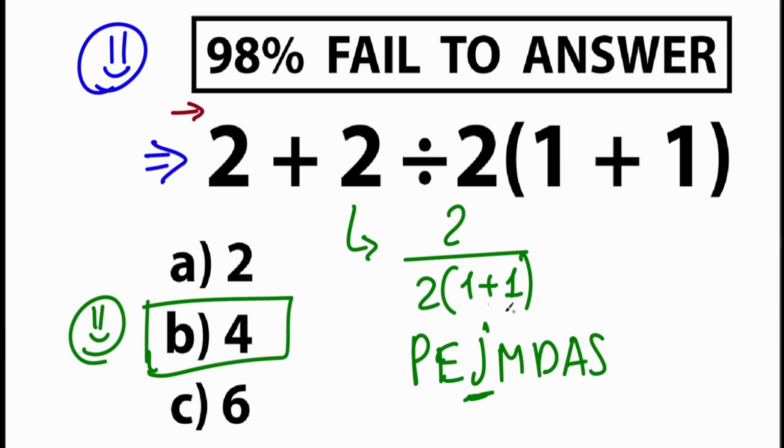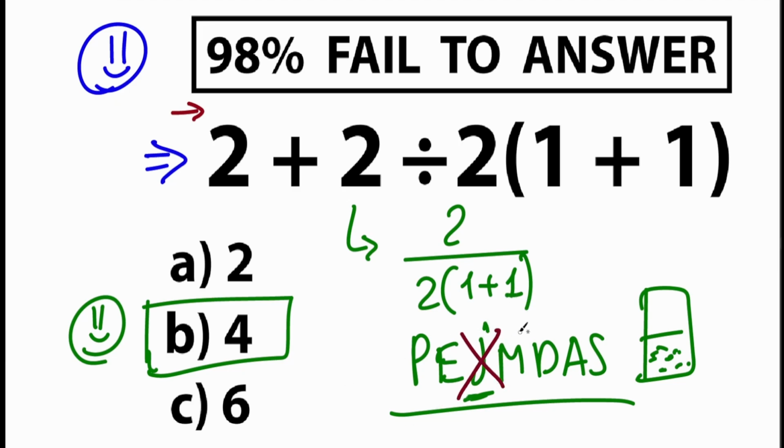There are a lot of calculators which use the PEGMDAS order of operations, and sometimes we can use it for information technology or computer engineering. So PEGMDAS is not the main order of operations, just a special case, and in 95% of cases you don't need this PEGMDAS order of operations.